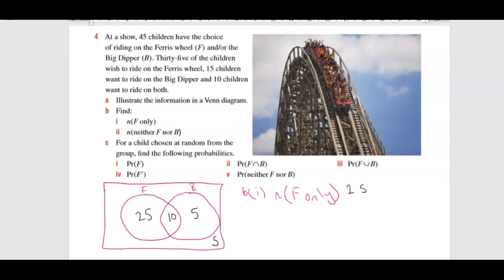If we were finding the probability, that's when we would put it over 45. Then question 2, the number of neither F nor B. So you can say not F and not B, it's a bit easier to write, is 5.